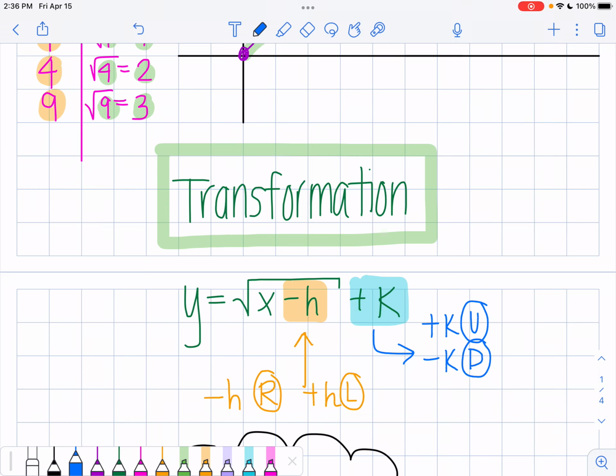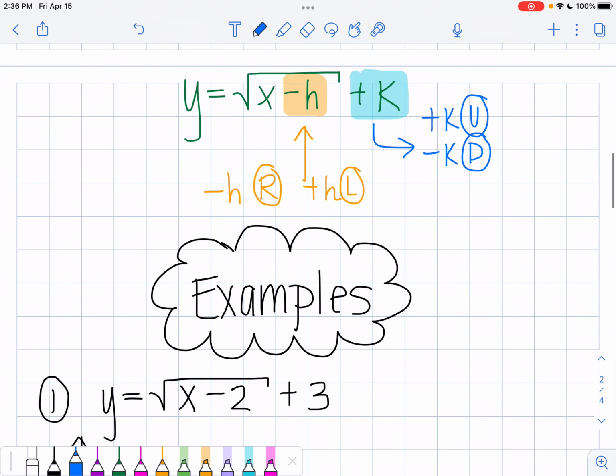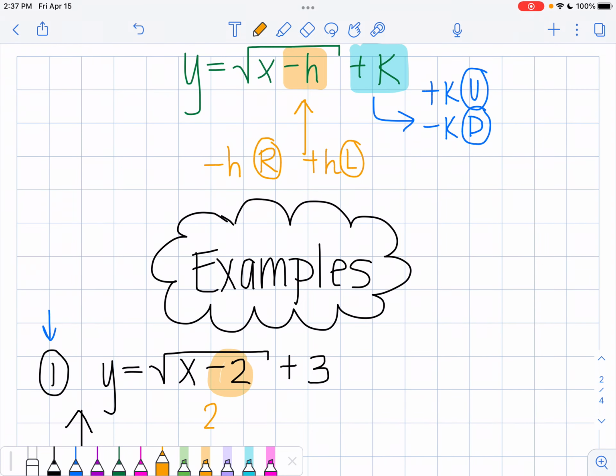So I have my first example for you right here, number 1. It says y equals the square root of x minus 2, plus 3. This minus 2 tells me that my graph moved 2 to the right.